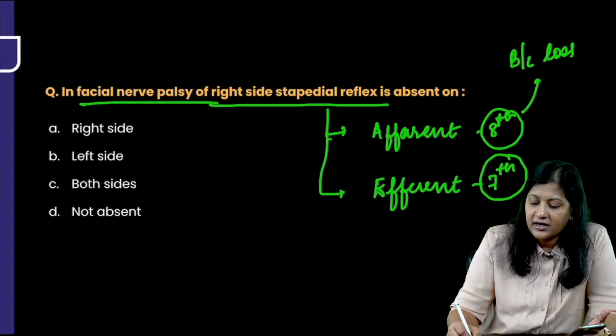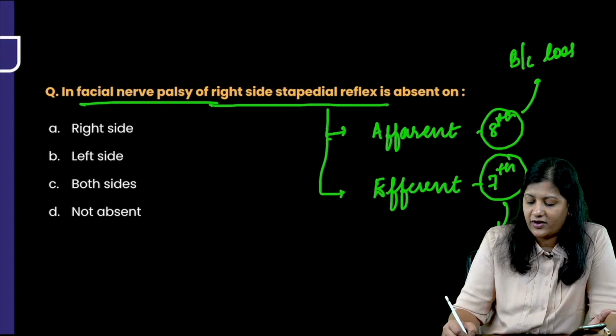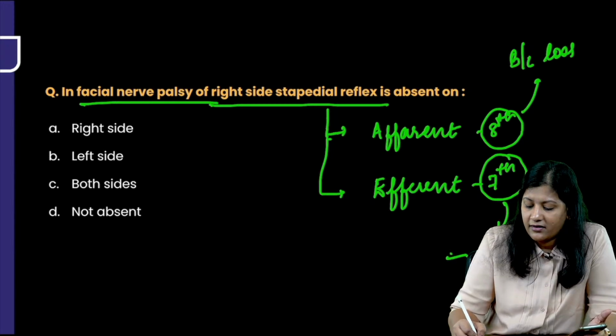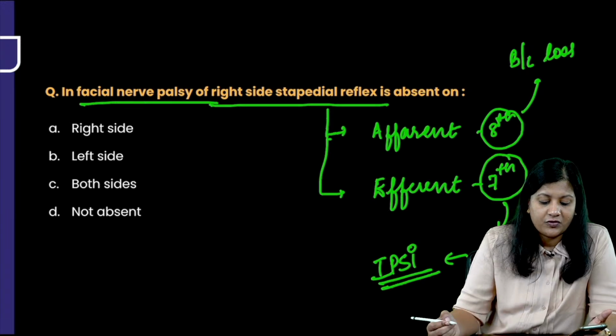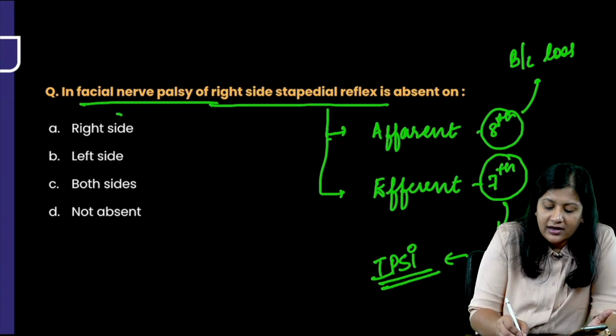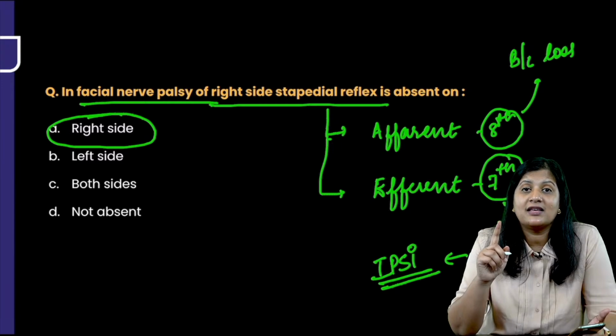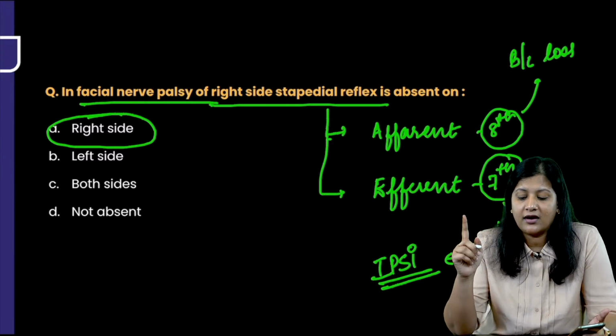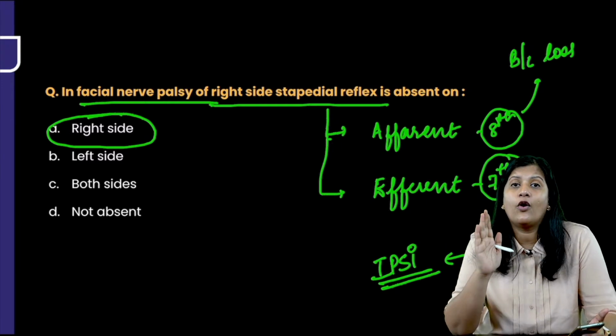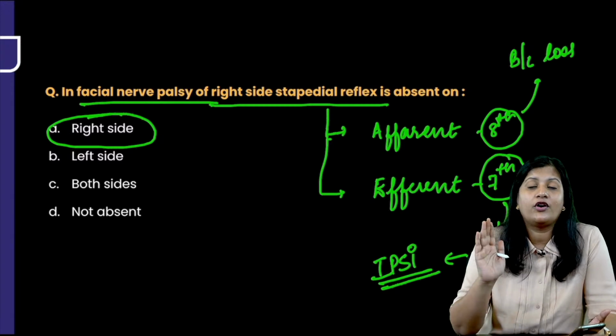But if the efferent is your 7th nerve, you will have unilateral loss of stapedial reflex. And when we talk of unilateral loss, we talk of only the ipsilateral side. So which is why you will have only right-sided involvement. So right-sided facial palsy will cause loss of stapedial reflex only on the right side, not on the left side.